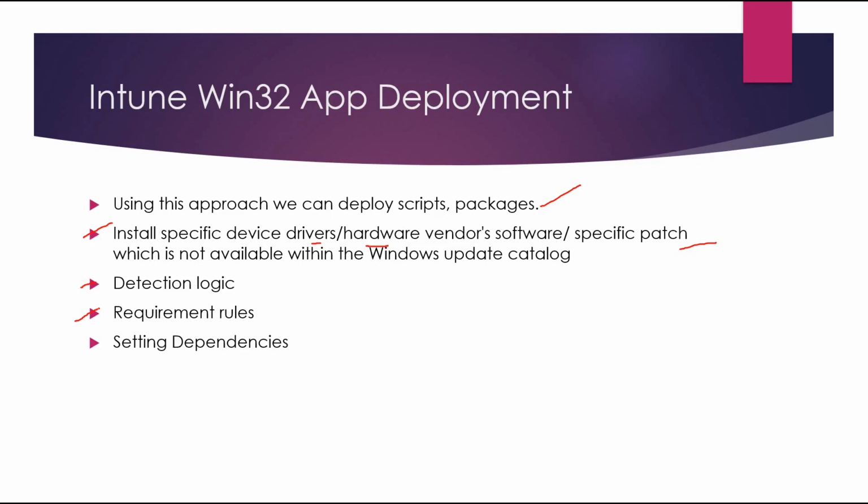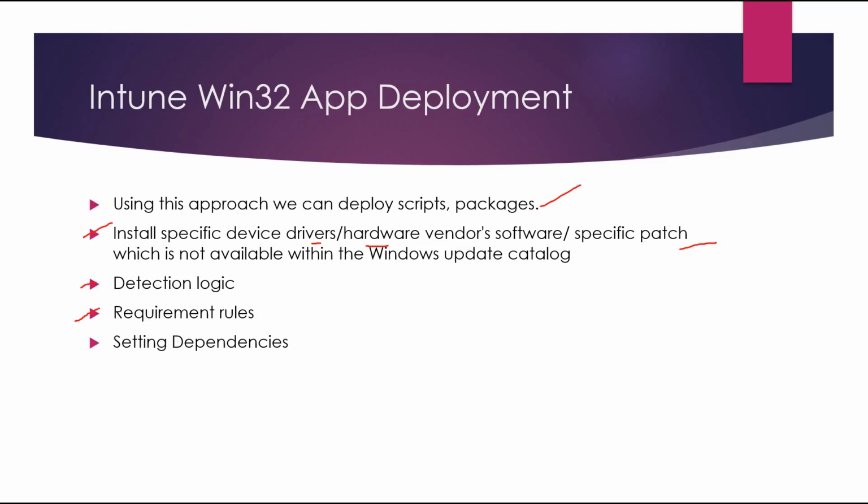Well, I will not really say easier, because it's very easy to deploy a Chrome application from the store. However, if we want to deploy that Chrome application as a Win32 app, there are a couple of steps involved. However, it is better because, first, we can put in a detection logic. The second thing is we can put in a requirement rule, wherein I can say that if the device has 100 MB free space in the C drive, only then install this application.